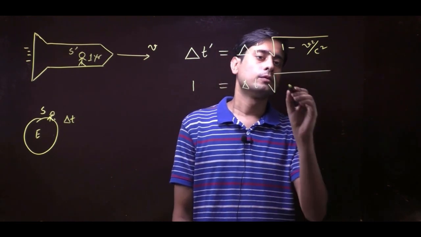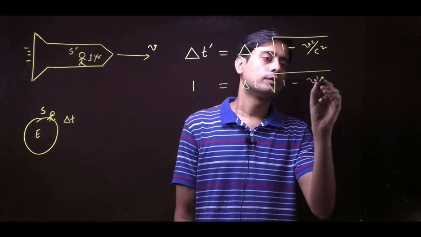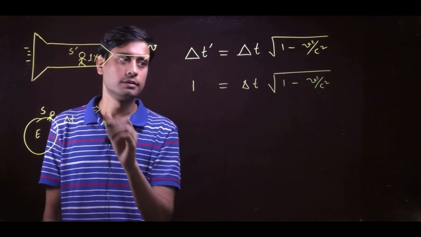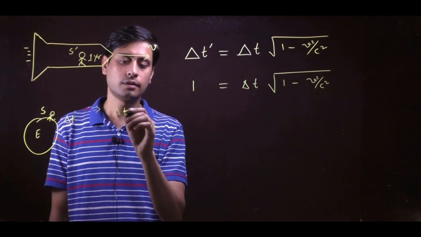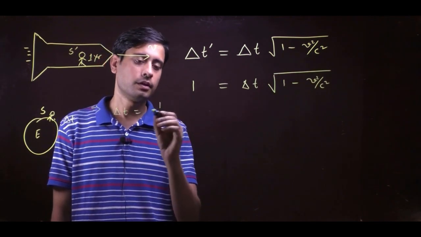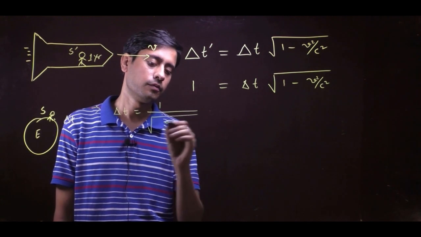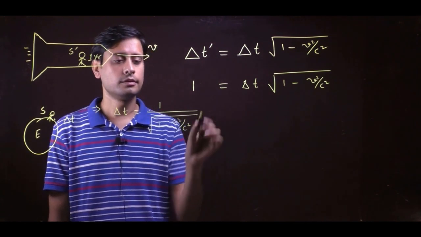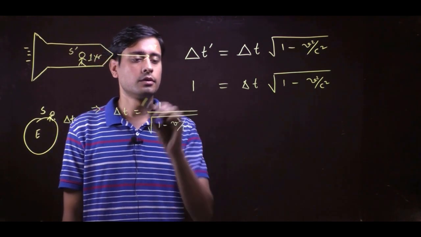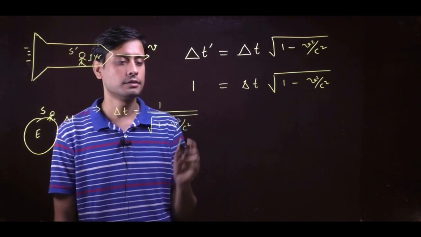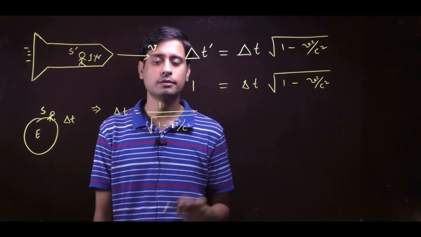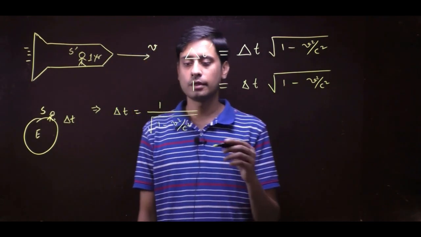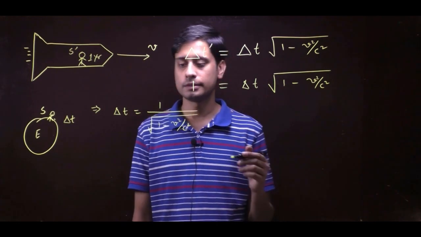The formula has 1 minus v square upon c square, and if you calculate this you will find that delta t comes out to be 1 upon square root of 1 minus v square by c square. This term you will always encounter while studying special relativity, and sometimes it is also called gamma. We will come to that in our coming lectures.